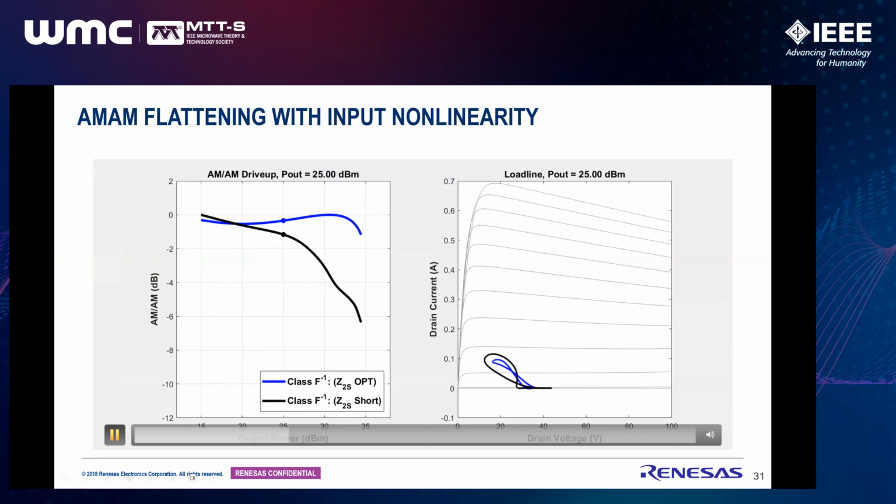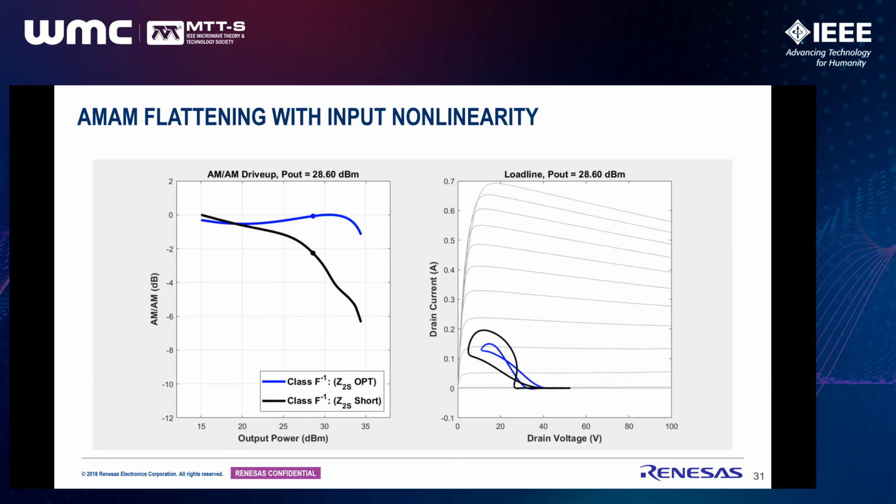For example, you see for class F inverse, or conventional inverse class F, which is the black one, it's already reaching the knee region, while with the second harmonic source optimized, it can still maintain flat AM-AM characteristics. And thanks to Damon for all these plots. He was the mind behind generating all these plots and helping us.